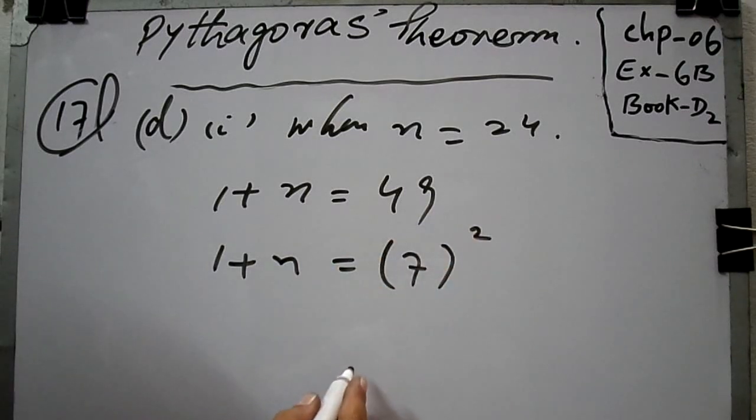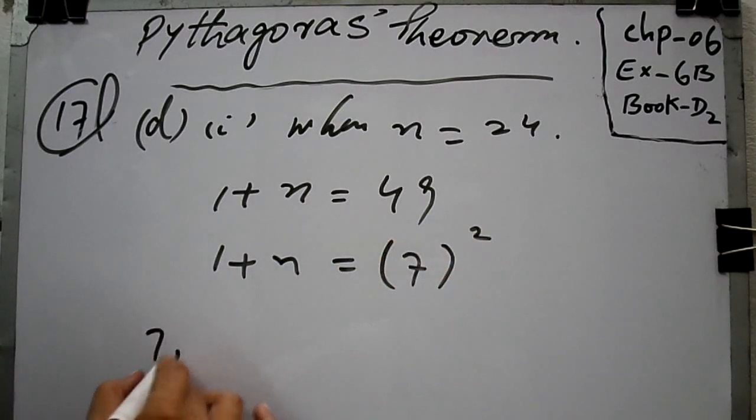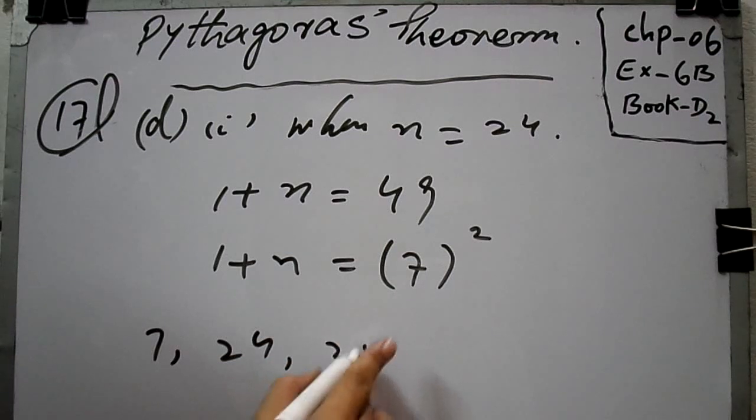So it means 7, 24 and 25 form a Pythagorean triple, as you can see in this given condition.